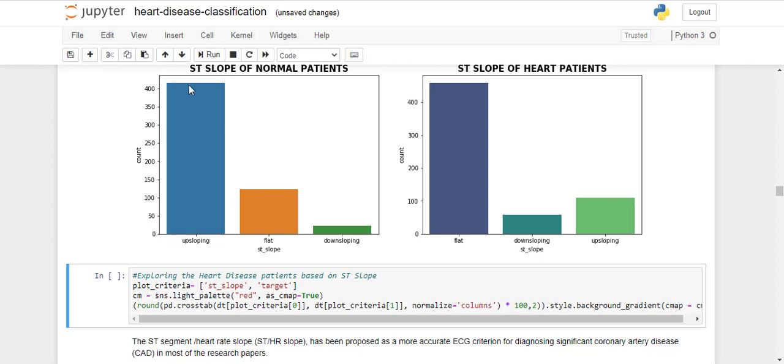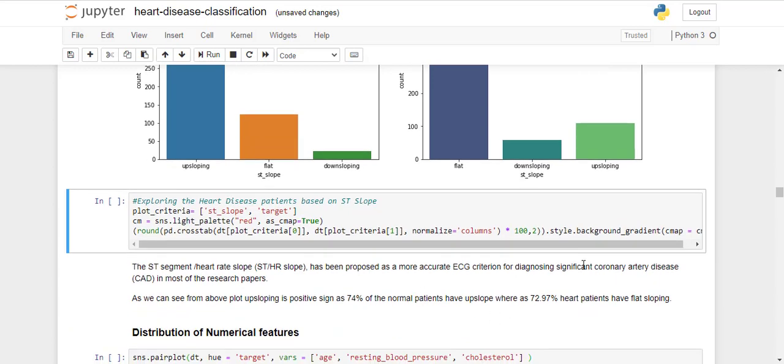Okay, it should not be flat or downsloping. Whereas in case of heart patients, as you can see, flat is much higher, and upsloping and downsloping are very low. So this is the critical indicator of heart disease. Okay, this is a very good test for identifying heart disease.